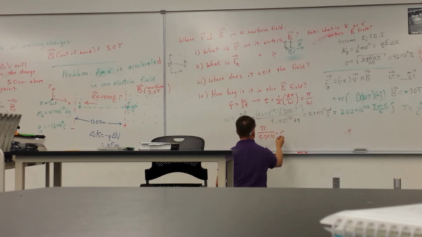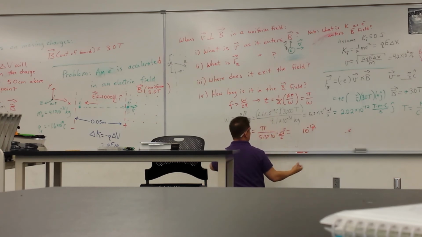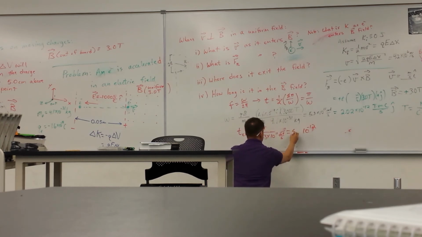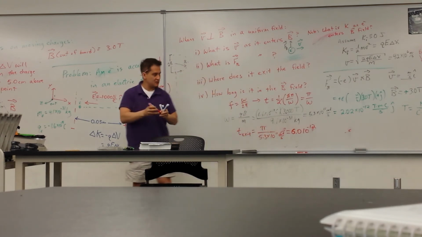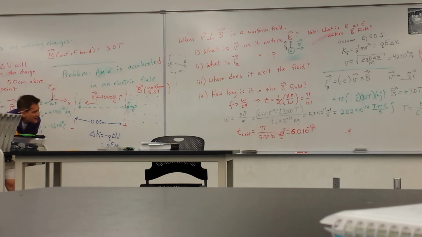And this is going to give us 10 to the negative 11th, and then it's going to make it negative 12. And it's 3 divided by 5, so it's 5.95. But you have the same answer. I'm just using that relationship that we calculated for the frequency.